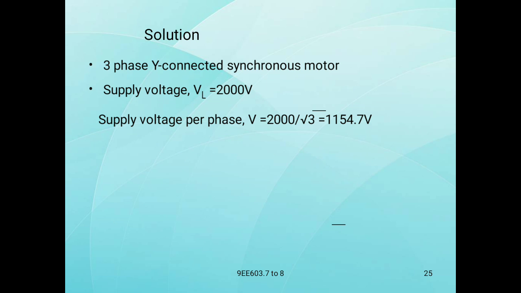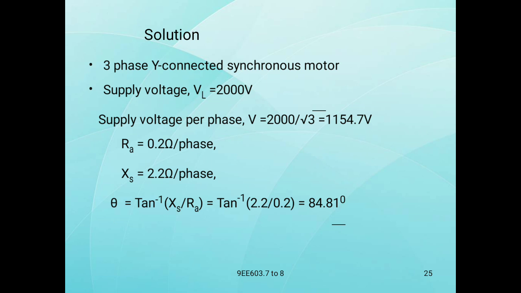Here the solution is given. See here, this is the 3-phase star connected motor and line voltage is 2000 volts and per phase is 2000 by root 3, which gives 1154.7. RA is equal to 0.2 ohms per phase, XS is equal to 2.2 ohms per phase.